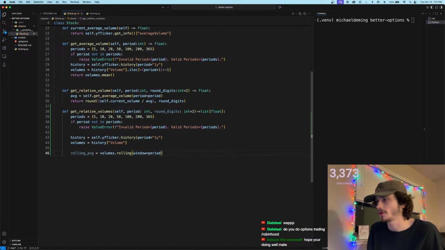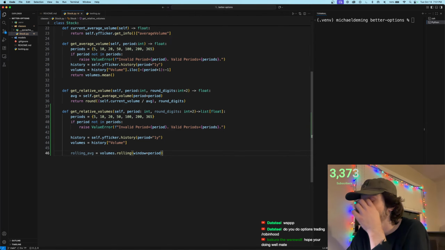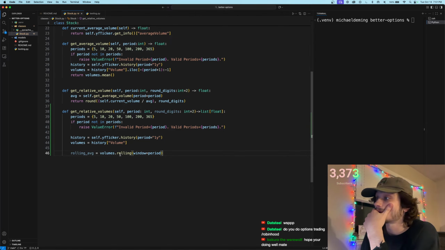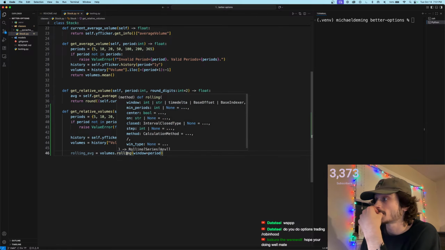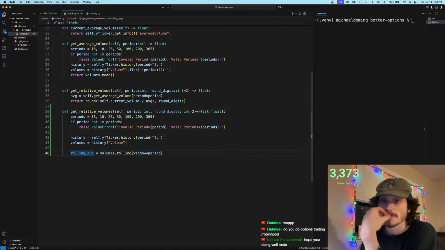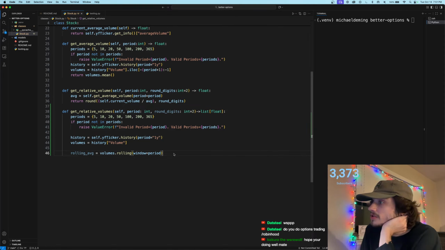And then we'll collect the rolling average. So this returns a rolling data type, which is a series. Okay. So this computes a rolling average, and then we can print.